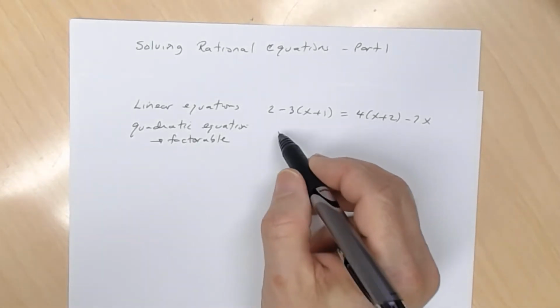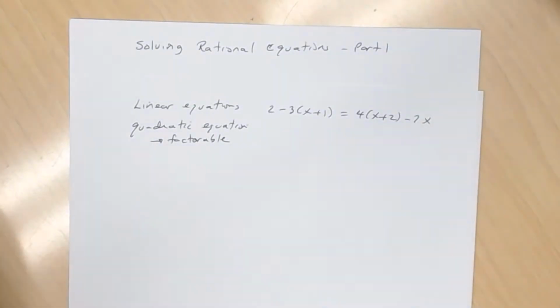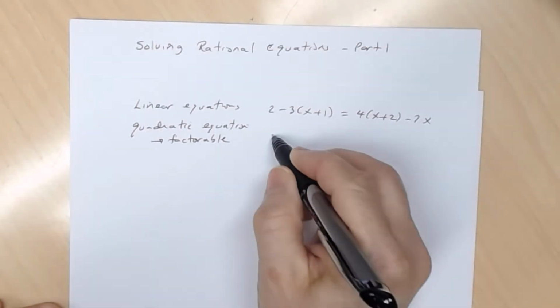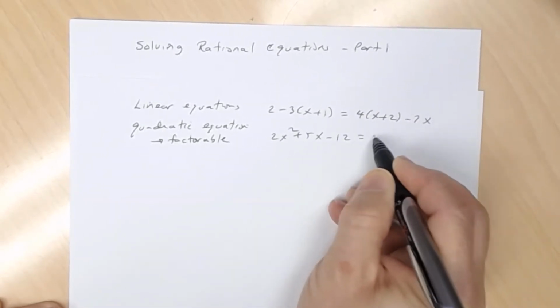An example of a quadratic equation that you solved was something like this: 2x squared plus 5x minus 12 equals 0.